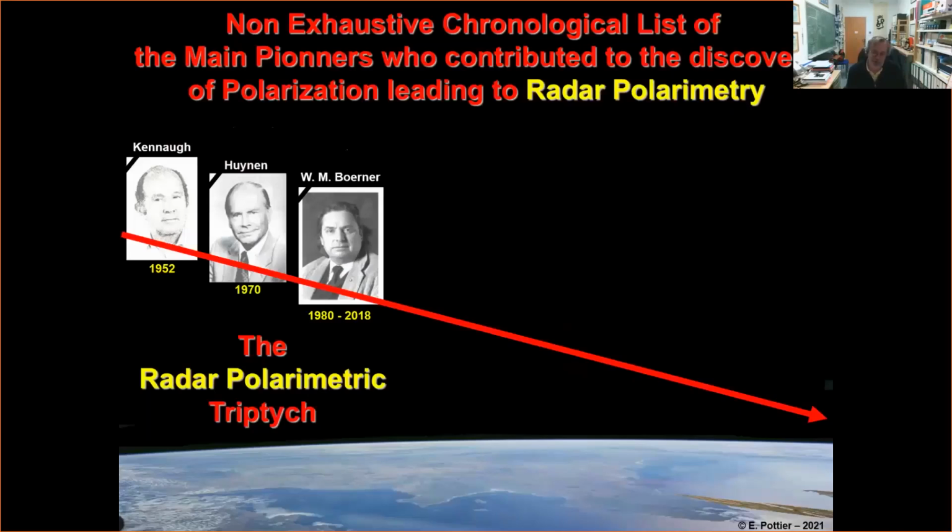And then we had Professor Boerner, who passed away recently, who also developed a lot of work and made a lot of contacts worldwide with scientists working in polarimetry. So I was very lucky because I had the chance to work with Huynen and Boerner. Huynen was at my PhD defense, and Boerner was at my habilitation defense. So this is the radar polarimetric triptych.